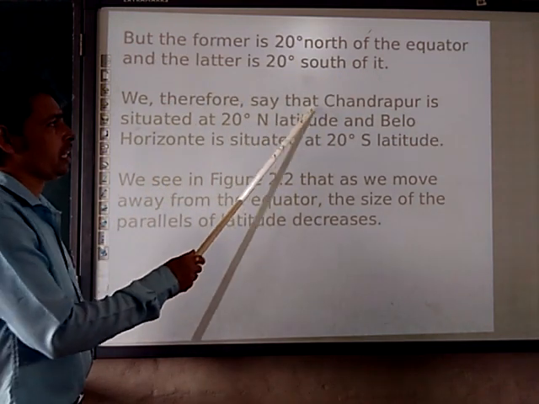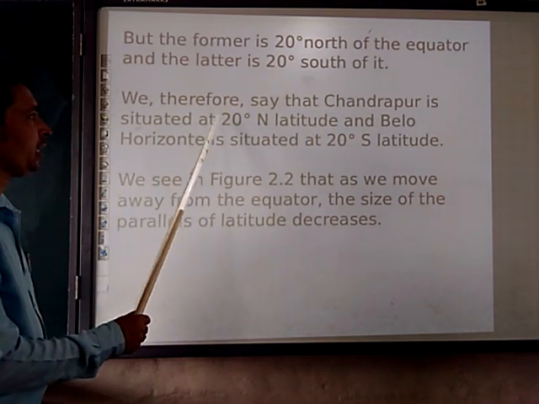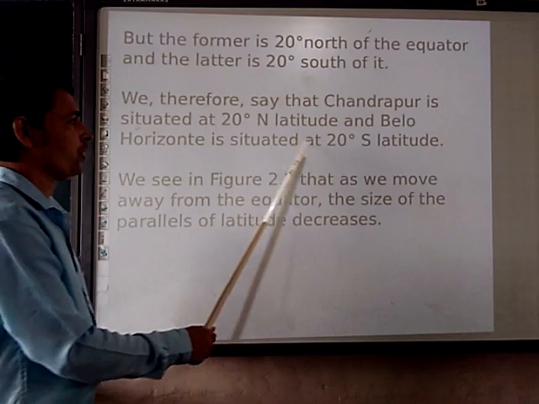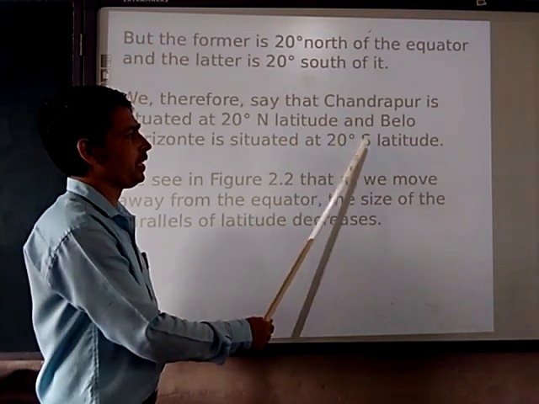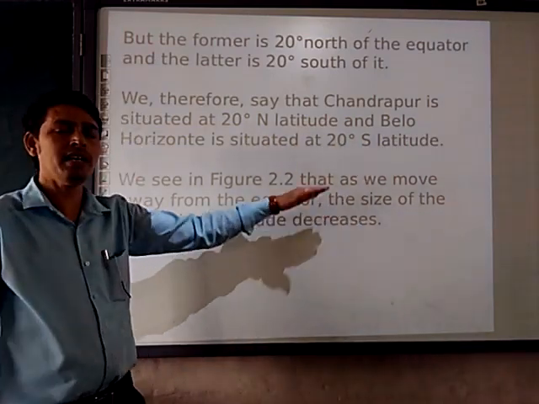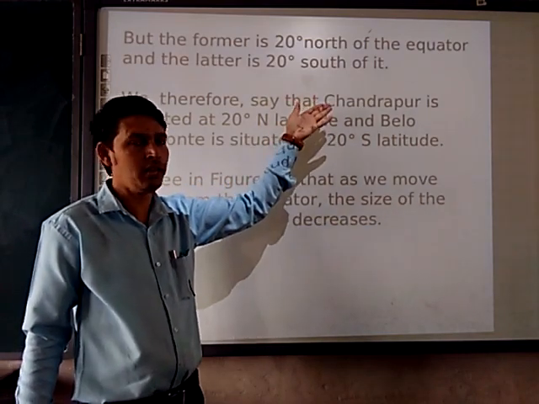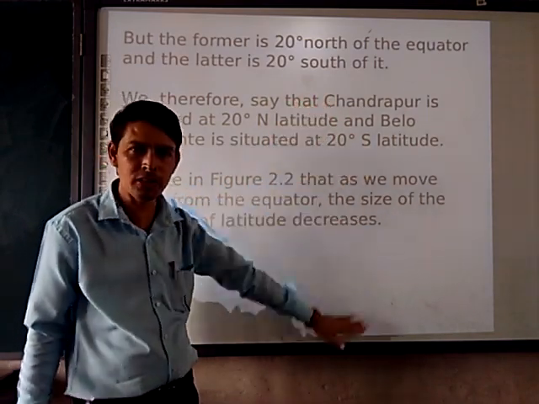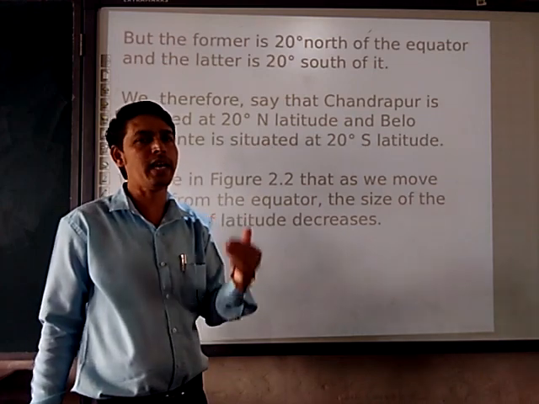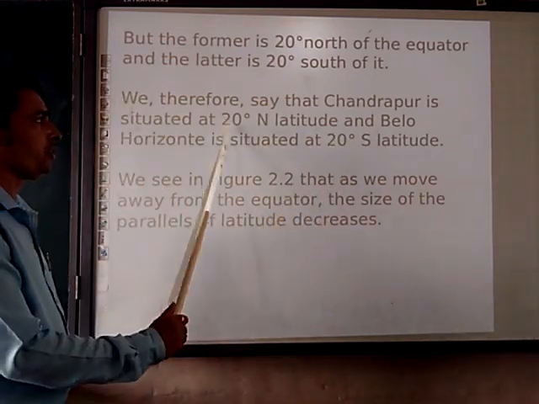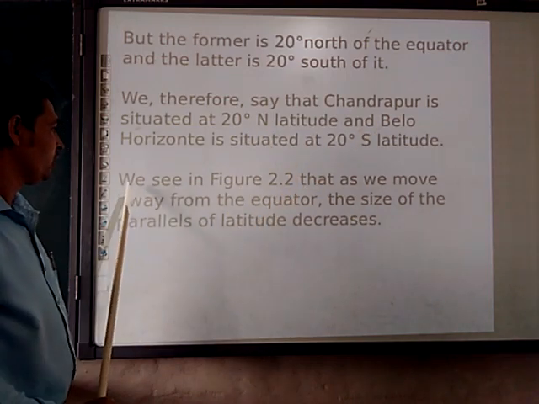We therefore say that Chandrapur is situated at 20 degree north latitude and Belo Horizonte is situated at 20 degree south. When we are moving above the equator, we have the north latitudes. When we are moving below the equator, they are called south latitudes. So here, 20 degrees south latitude and 20 degrees north latitude.